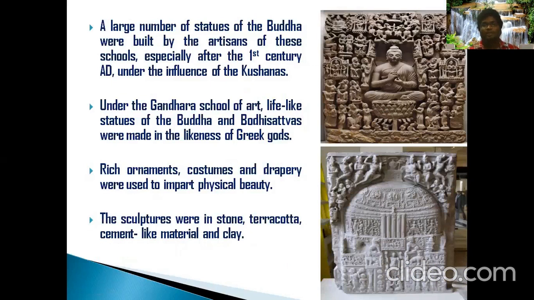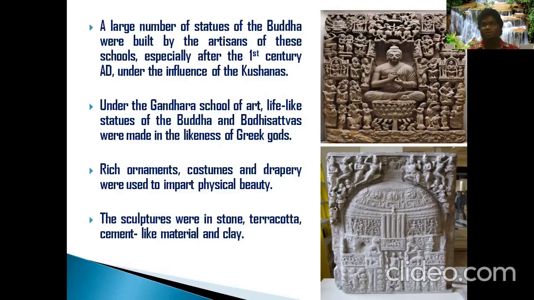Whenever they make a statue of Buddha, you're going to have a lifelike impact, and bodhisattvas are also made there. Not only the statue, they also add ornaments, costumes, and drapery in order to have a beautiful physical beauty. Next, you're going to see the sculptures.